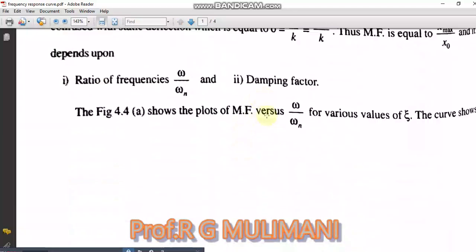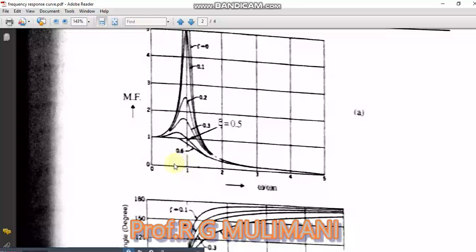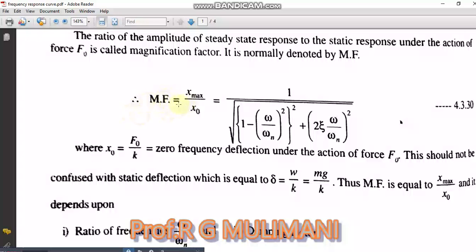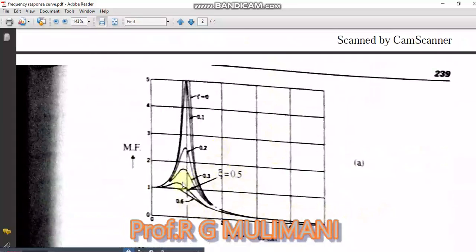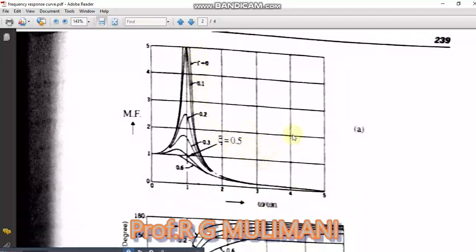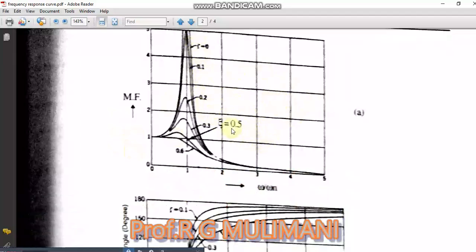When it is plotted with the frequency ratio on the x-axis and the magnification factor on the y-axis, taking different values of omega by omega n, that is 0, 1, 2, 3, 4, 5, and different zeta values, what can be learned here?